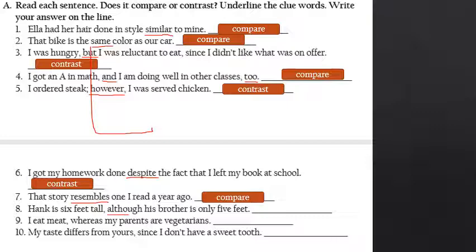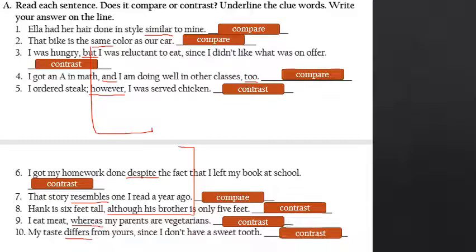So we have the word although, so it is a contrast. I eat meat, whereas my parents are vegetarians. Whereas again shows contrast. And the last one, my taste differs from yours since I don't have a sweet tooth. So differs, excellent, shows contrast. Okay?